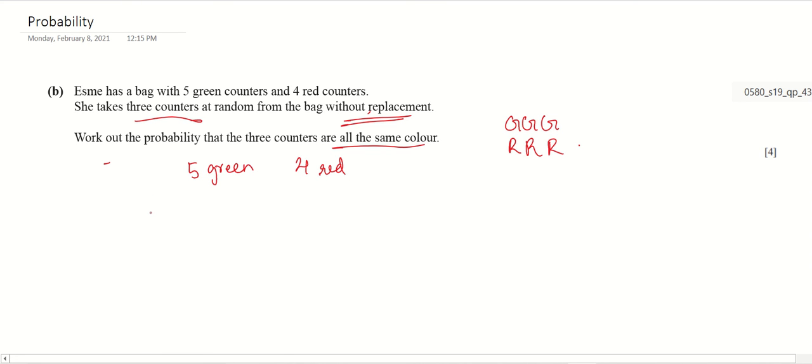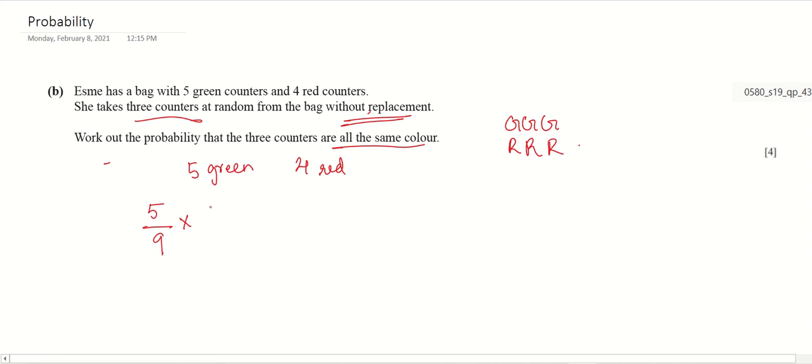So it's going to be basically 5 out of the total number of counters, that is going to be 9. Divided by, now she took 5, right? There were 5 green counters first without replacing, so she doesn't put it back in her bag.